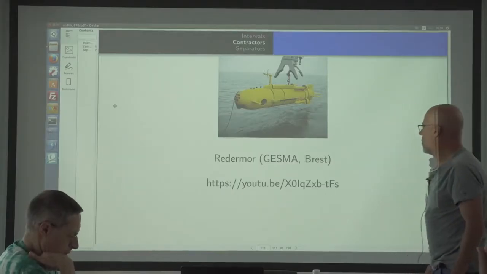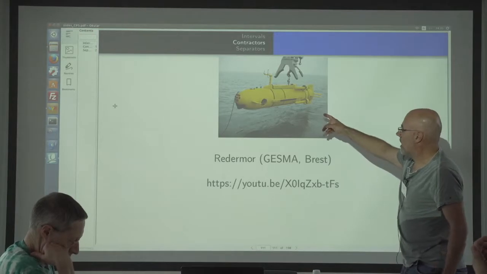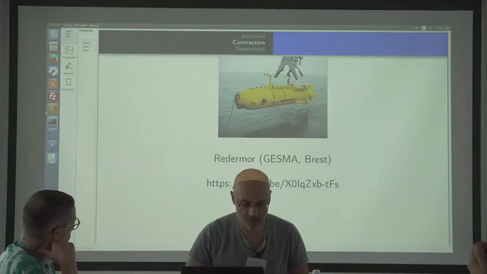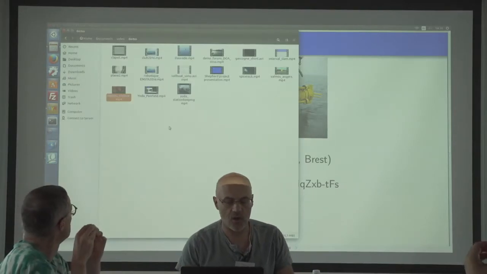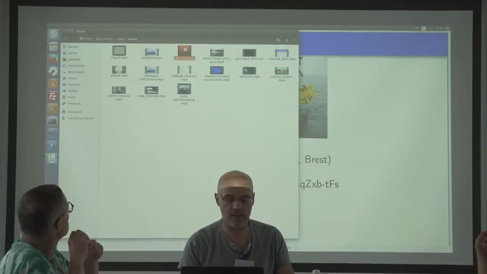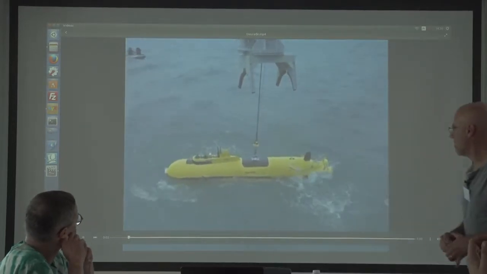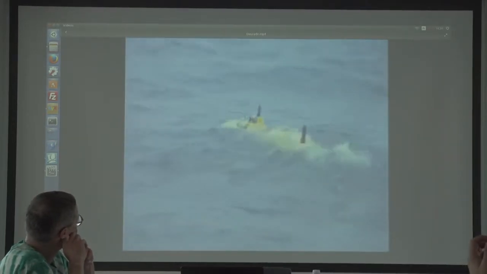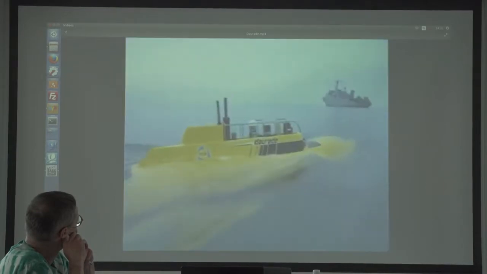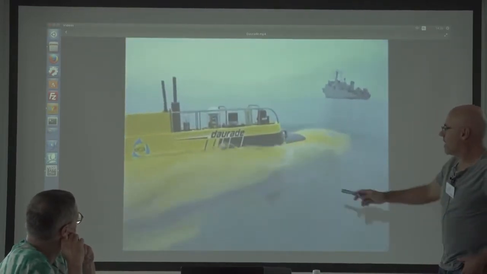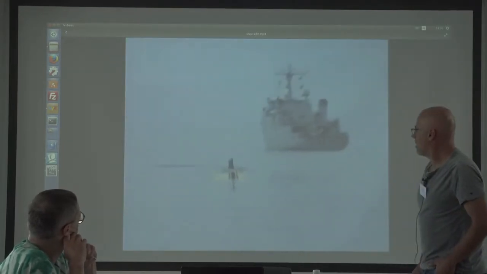So it was explained how. It is a kind of submarine we have, so this one, Red Armor, so probably like the one we have in Brest. I will show you a video. So it is in Brest, the submarine we have. This one is Dorad. It's not the same as before. At the beginning, it has a GPS.